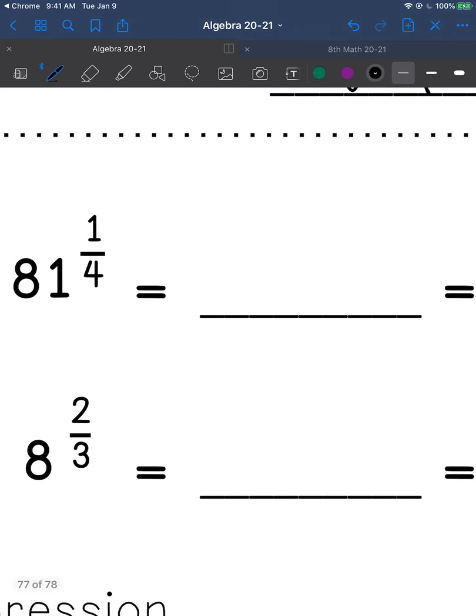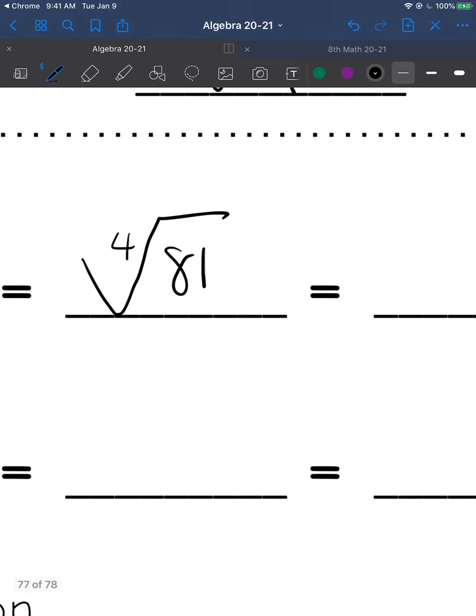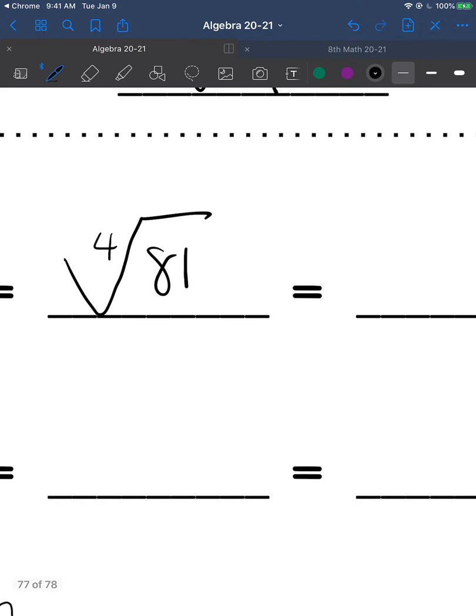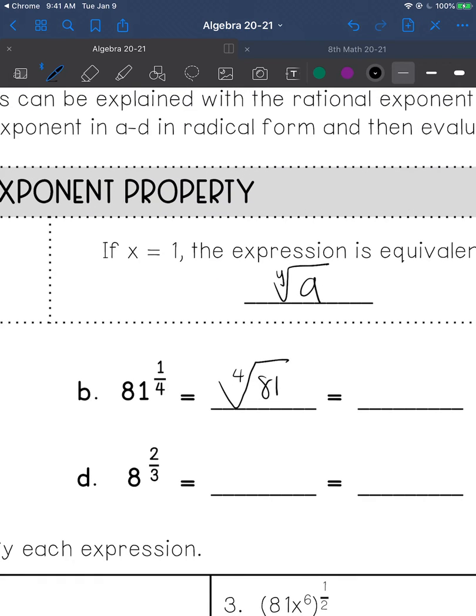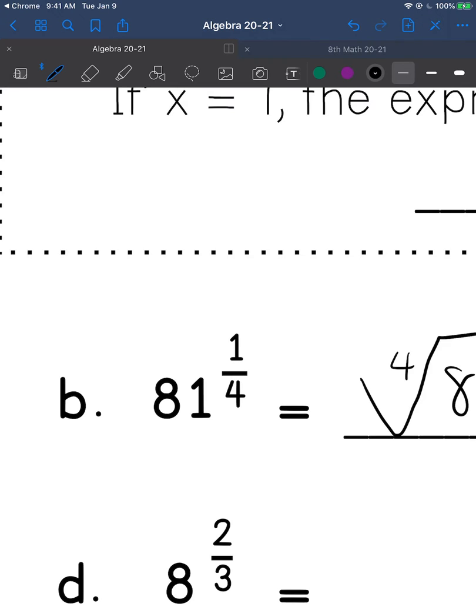So, this is saying the 4th root of 81 to the 1 power, which we can put in a calculator by doing a couple of different things. The easiest way is there's a button right above the division sign that looks like an up arrow.